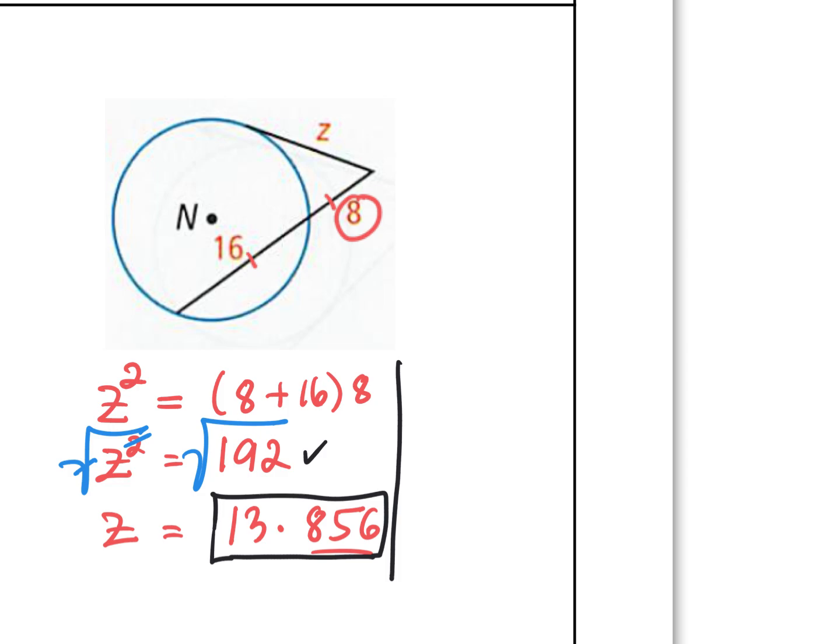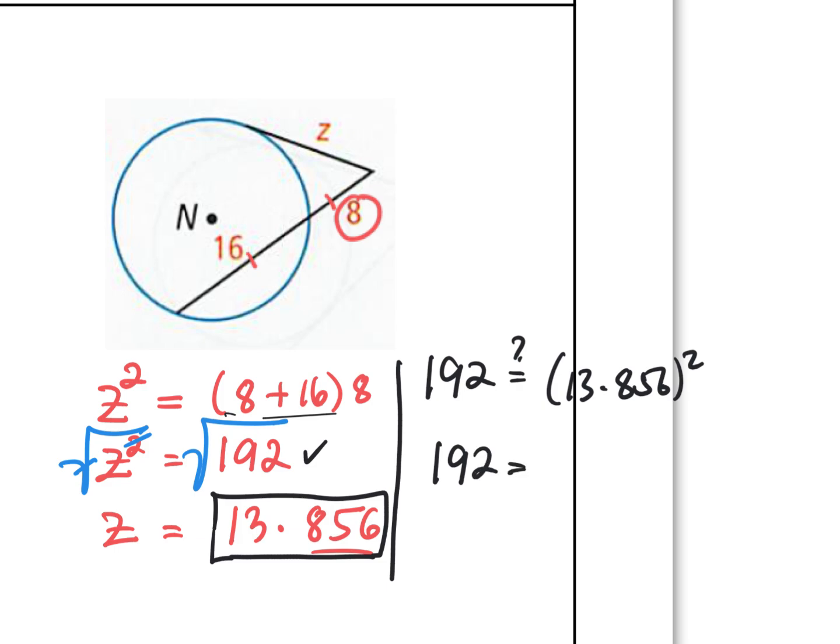We know already that this side is 192. If I square 13.856, voila, it's 192 over 192. So it's correct.